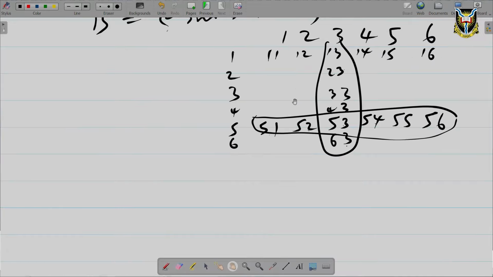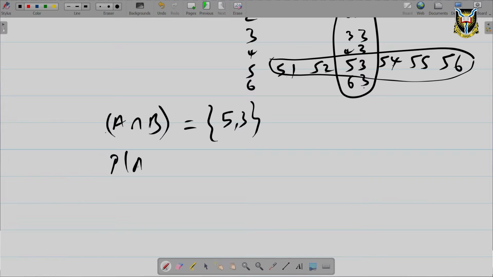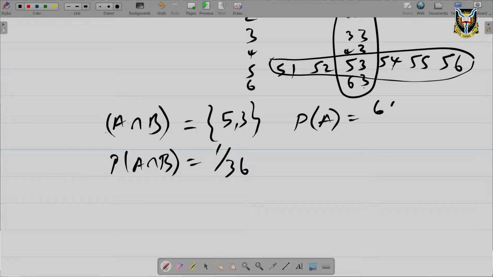Now the context is to clearly state whether A and B are independent. For us to show A and B are independent, we need to first of all obtain the probability of A intersection B. Let me first write A intersection B itself. I have only one, which is 5,3. That is where A and B coincide in this experiment. So the probability of A intersection B is 1 over 36, whereas the probability of A is 6 over 36 and the probability of B is also 6 over 36.